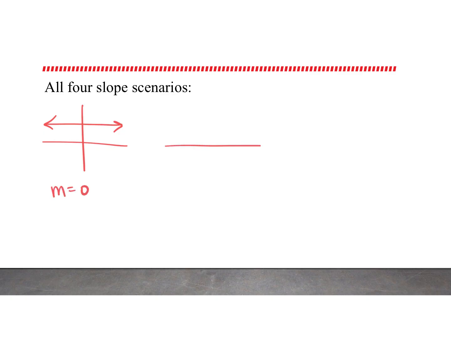Once you start cranking up that incline, you'll notice your treadmill's getting steeper and steeper. It's going uphill. That's all the situations where your slope is bigger than 0, or in other words, a positive slope, a positive result.